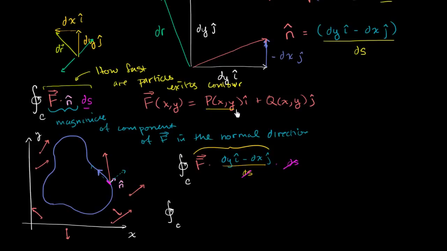So it's going to be P of x,y times dy, and then plus the product of the magnitudes of the y components, of the j components. So it's going to be plus Q of x,y times minus dx, so times negative dx. Well, that's going to give us negative Q of x,y times dx. So this is kind of an interesting statement.